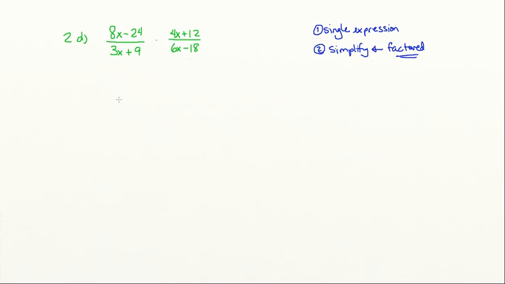So times the tops. Times the bottoms. It is tempting to FOIL it here, but I don't think that will make it the easiest.